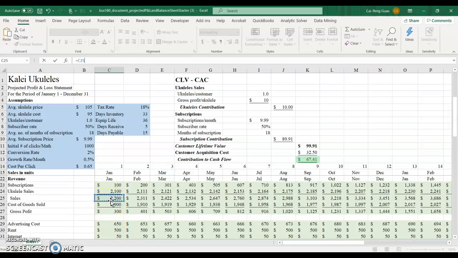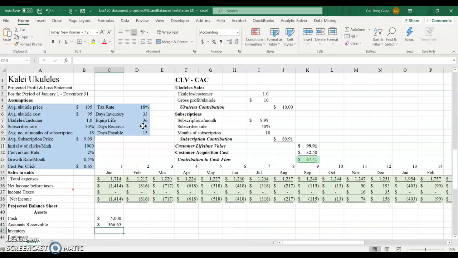We use that number because with accounts receivable we are trying to estimate how much of these sales are on credit. That means we're not receiving cash right now this month. Thus, it becomes this month's accounts receivable. We divide that by 30 days times the 5 days of receivables we need.